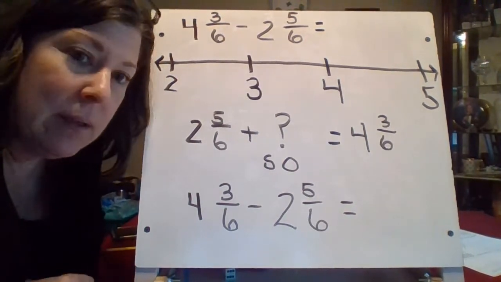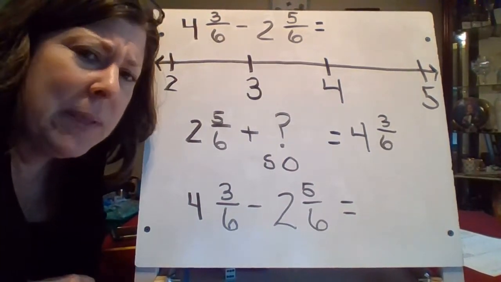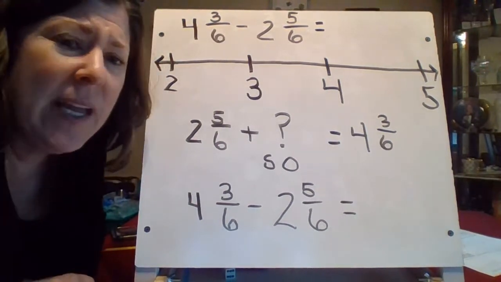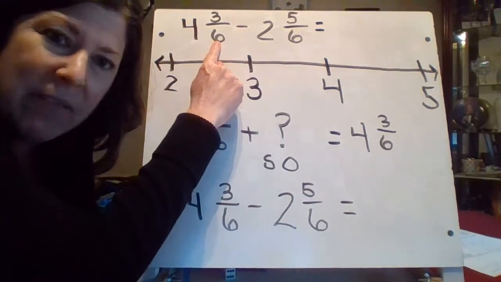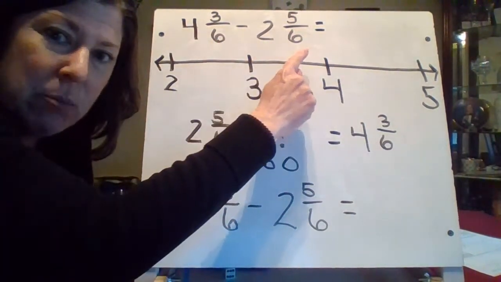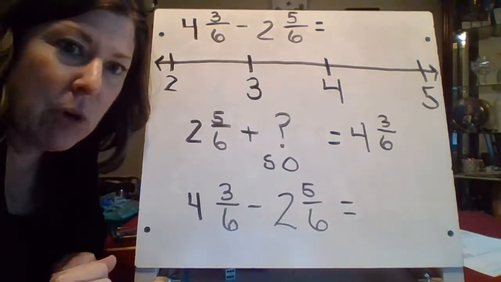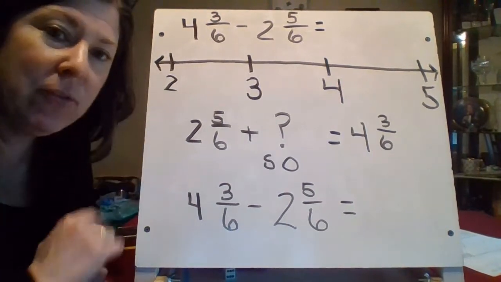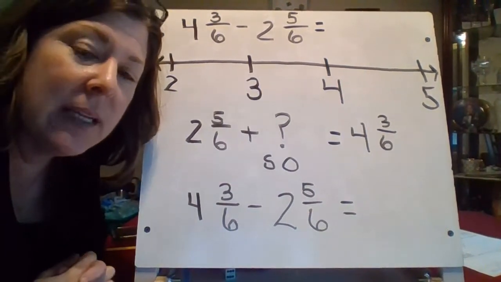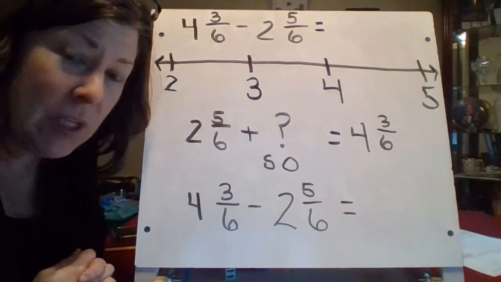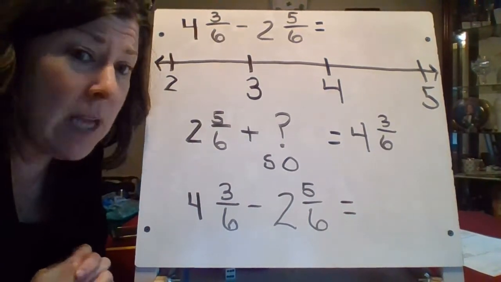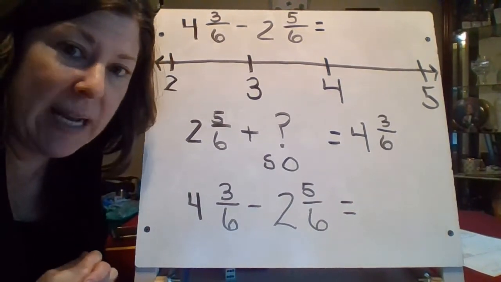Now, I didn't put an example up there. However, if I had an example where I do have enough of the fraction to subtract, well, then I just subtract. But in my first example here, 4 and 3/6 minus 2 and 5/6, when I look at the fractions, I don't have enough just to subtract.